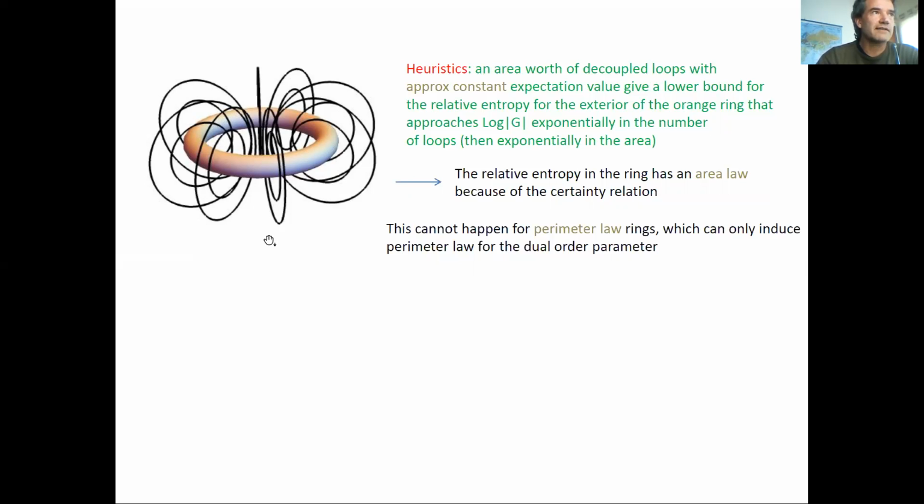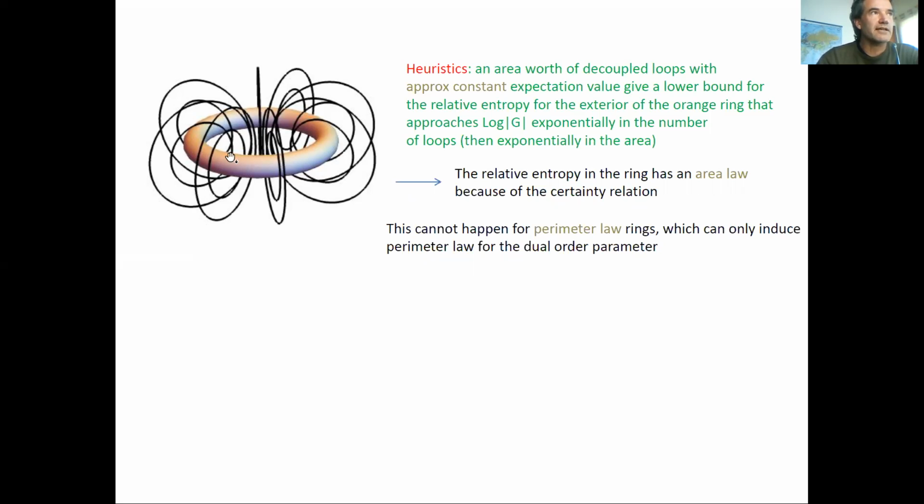If you do that, you can see that this relative entropy will go exponentially to the saturation with the number of these black rings that you put, which have to be independent, and the number of independent loops that you can put is dictated by the area of this orange ring.